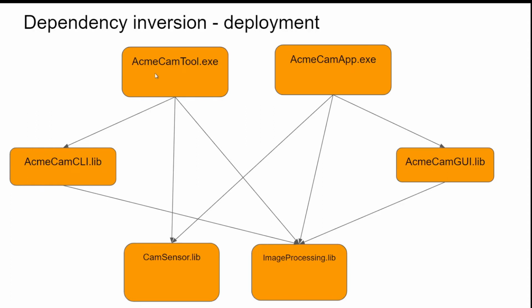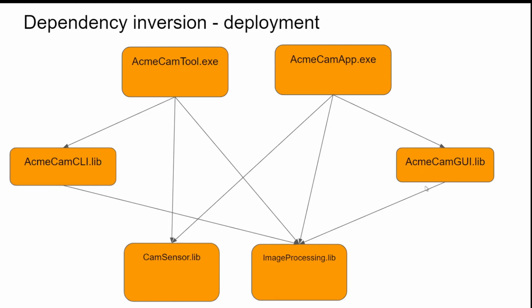But now we want to build a command line tool, and in this command line tool we again have a product. So this is again the wiring, the composition root is here, and also the adapters are here. And this product depends on the camera sensor and the image processing lib. So we already see some kind of code sharing.